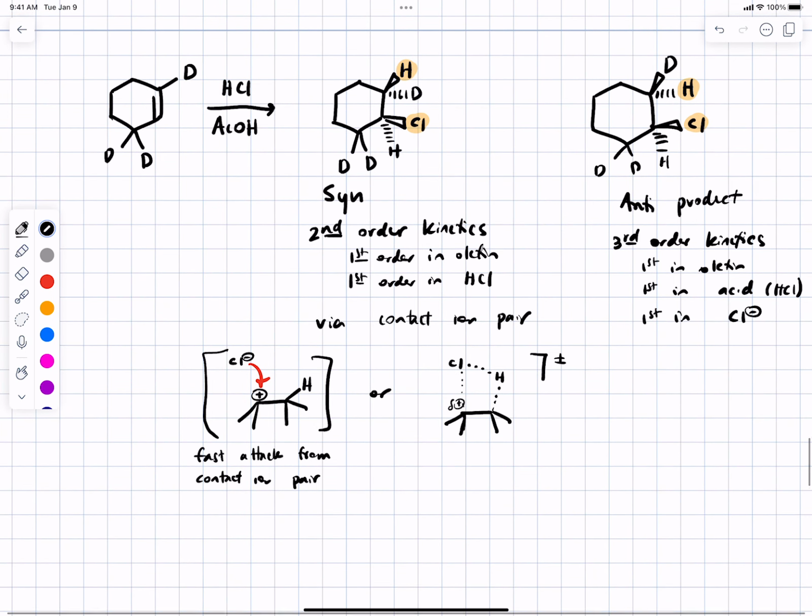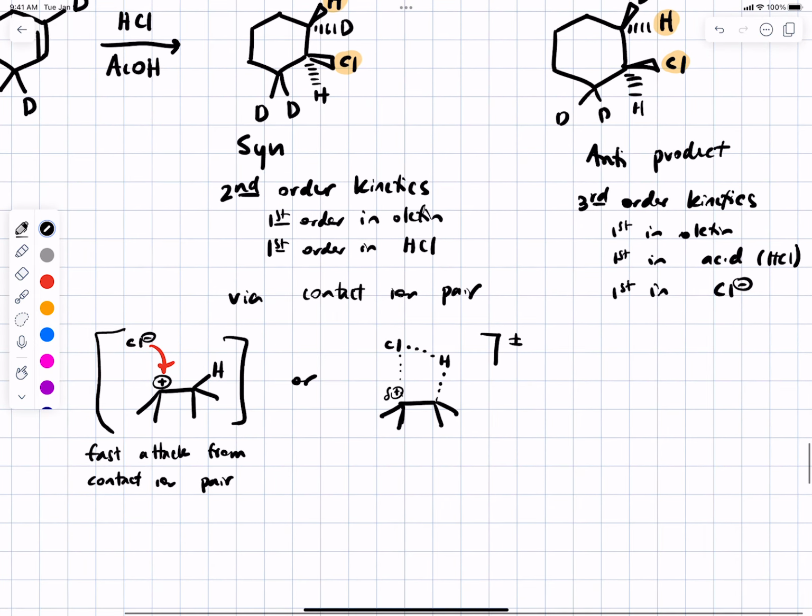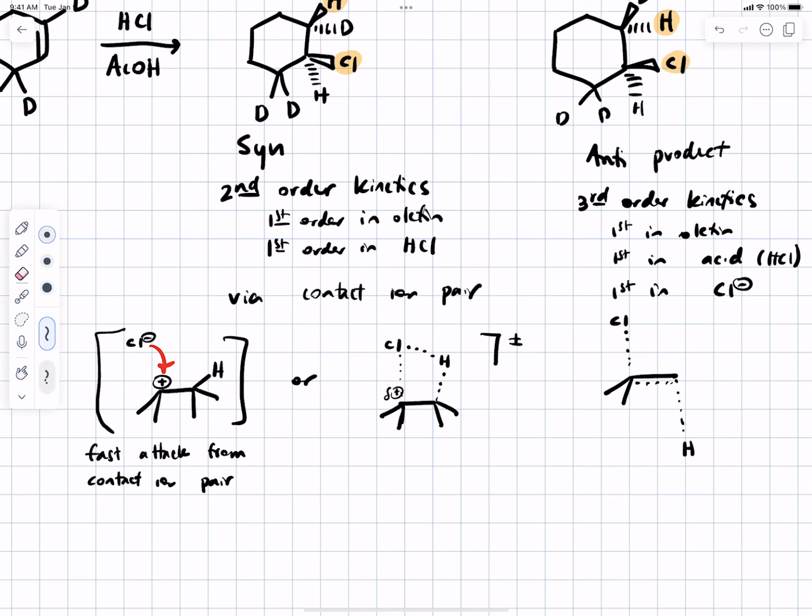Okay, and that suggests not a carbocationic intermediate, but perhaps a transition state that looks like this, where at the same time as you're protonating the alkene from this side of the molecule, chloro is coming in from the other side of the molecule.